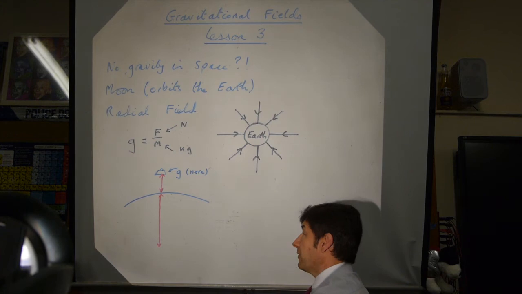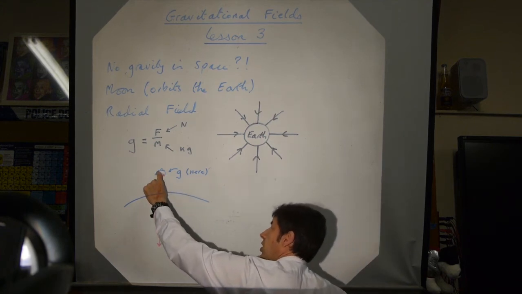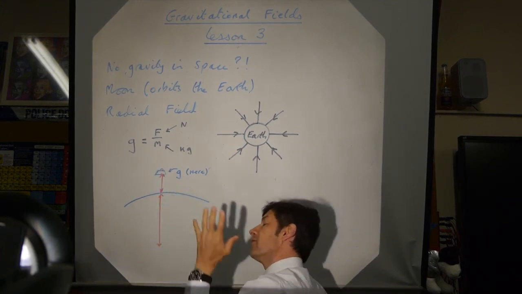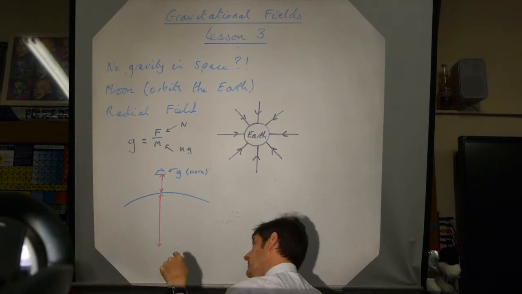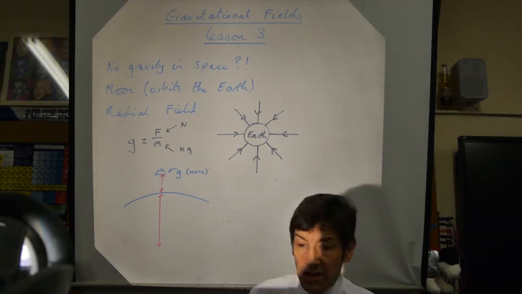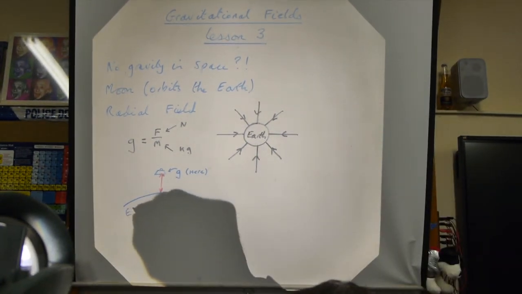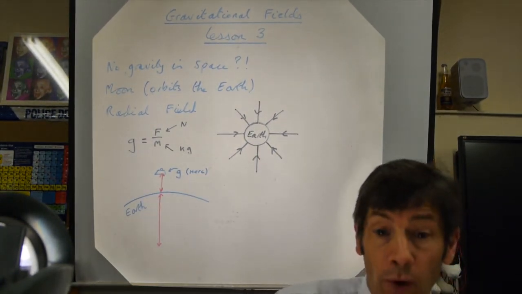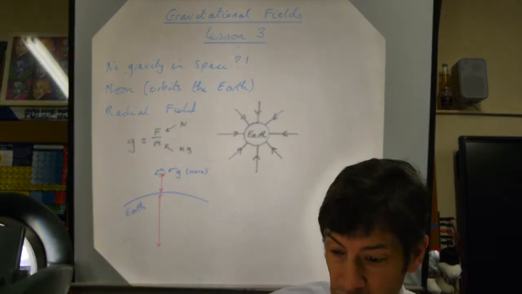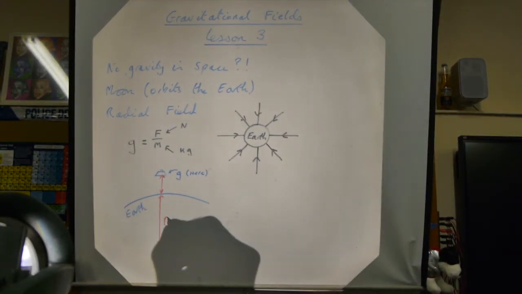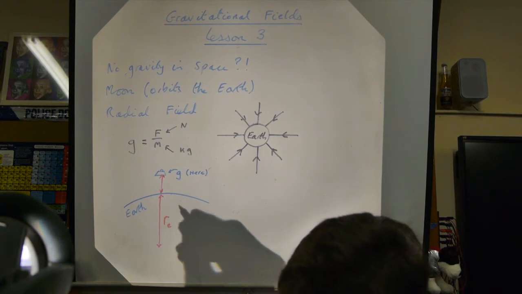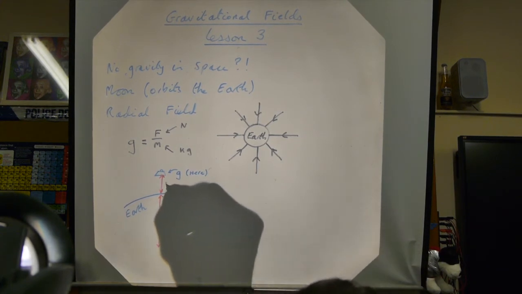So when we do any maths on this, the distance that our object is away from the mass is always from the centre of the mass. So don't forget that if this is the Earth, when you do your calculation, you've got to add the radius of the Earth to the height that it's at.